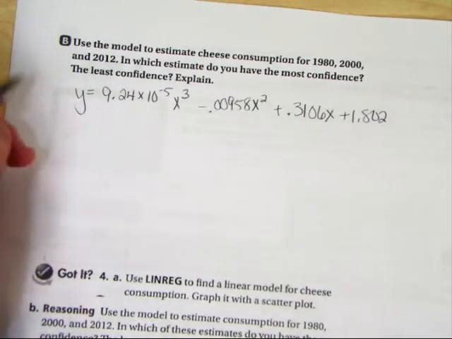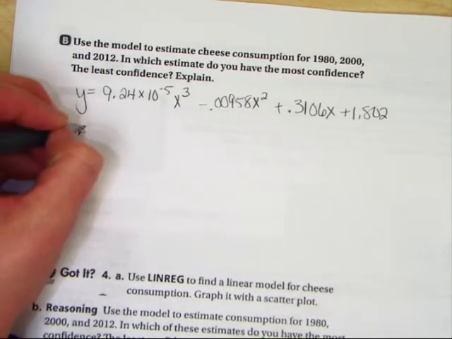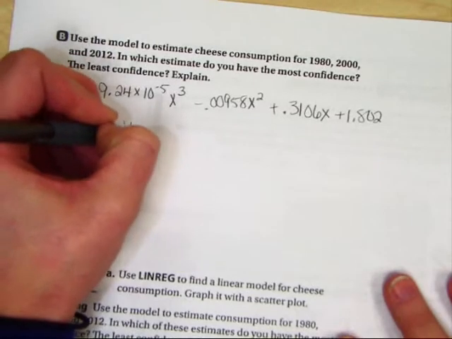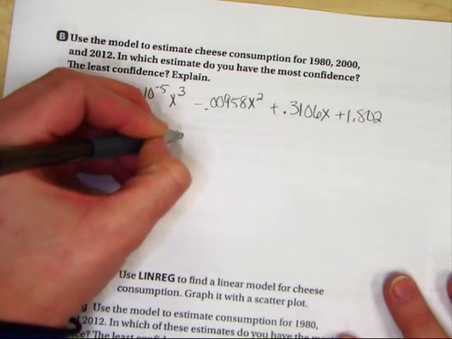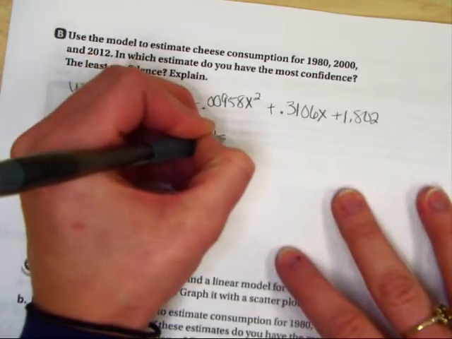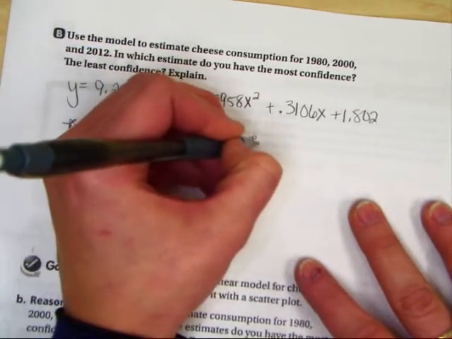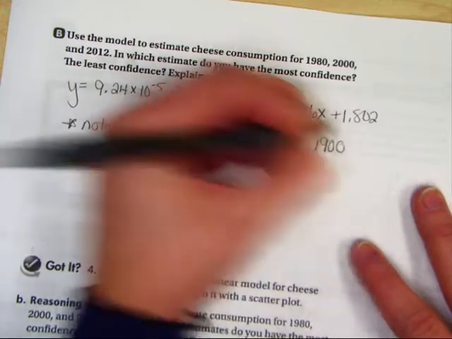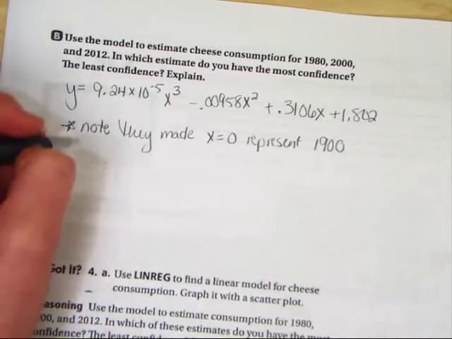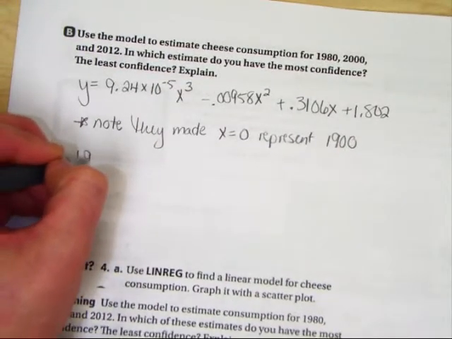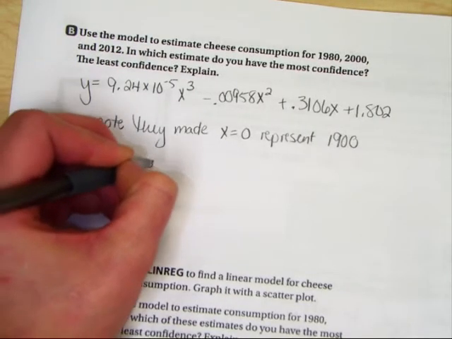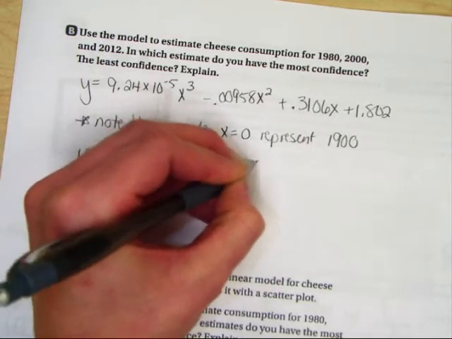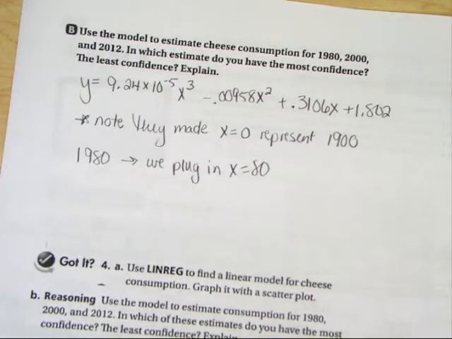As we continue in this problem, it's really important for you to note something about what the book did here, since I took the book answer. They made x equals 0 represent 1900. So since they want us to plug in 1980, that means we plug in 80, because 1980 is 80 years away.